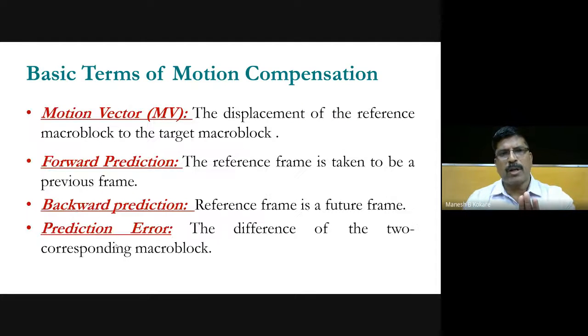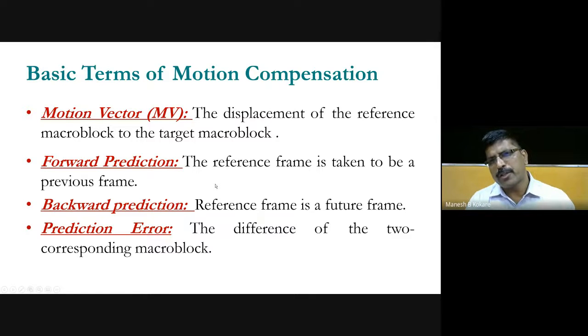Then we talked about the motion vector. The motion vector is basically the displacement of the reference macro block to the target macro block. This displacement gives you a vector, and that vector is the motion vector. Another term we talked about is forward prediction.